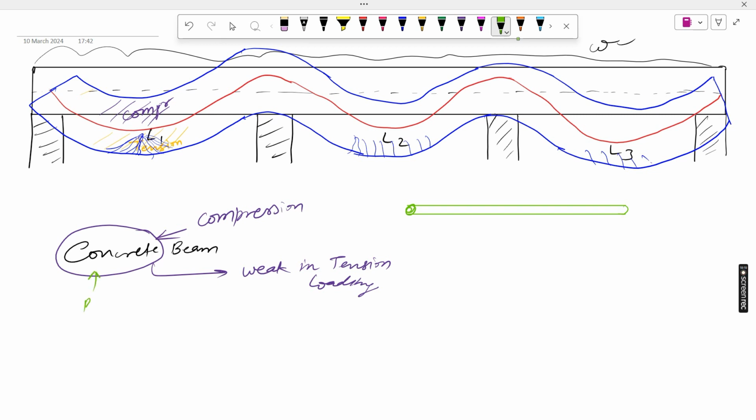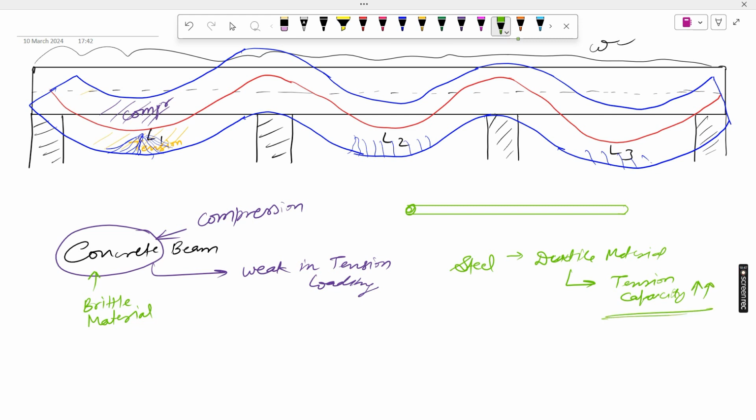Steel is a ductile material, and a ductile material has tension capacity larger than its compression. We will not take compression into interest, because we have to focus on the tension loading. Tension capacity is more for steel.